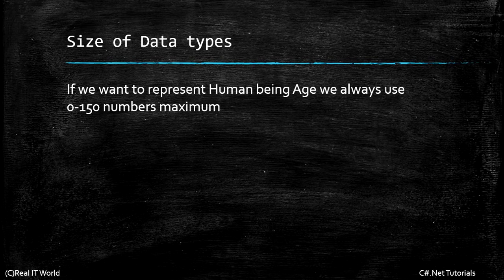If we want to represent human being age, we always use 0 to 150 numbers maximum, so this is limited to a 0 to 150 range, so that we can take a small size of data type.